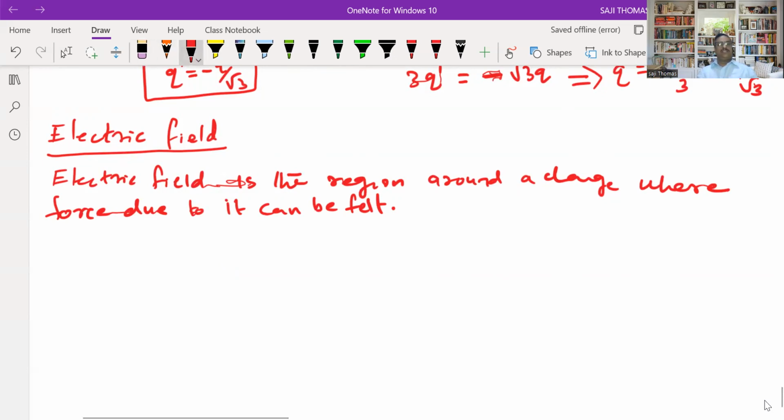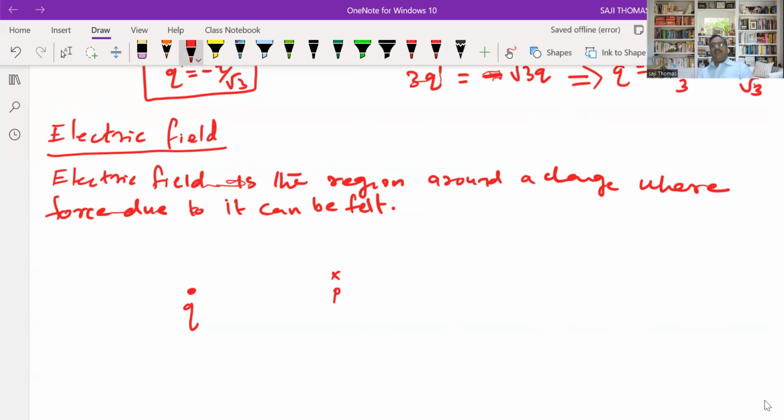Consider a point charge Q. I am going to define electric field intensity, which we simply call electric field. Imagine a point near it. The force experienced by placing a unit positive charge at this point is known as the electric field at that point.